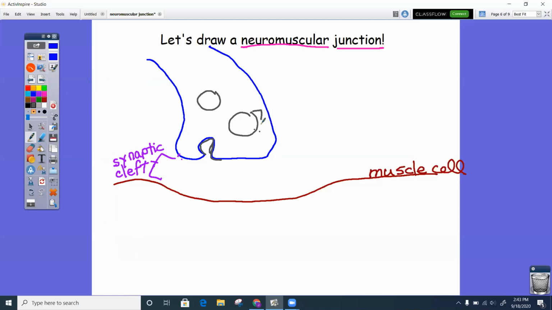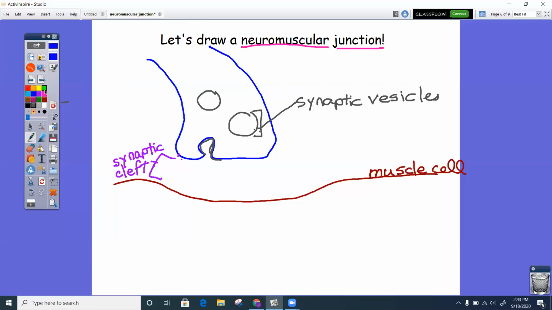These circles that you see here, those are called synaptic vesicles. Okay, so you know that vesicles are used for transport. These are specialized vesicles that are going to be found in the axon terminal of a neuron.